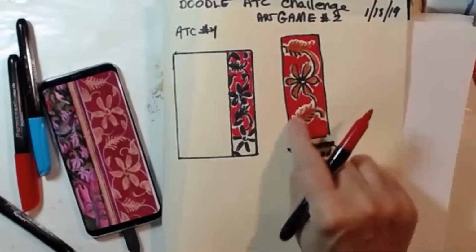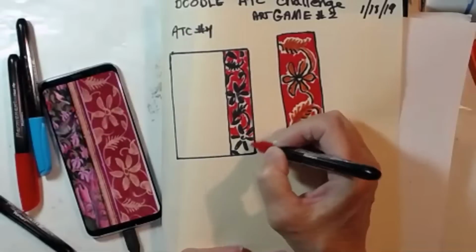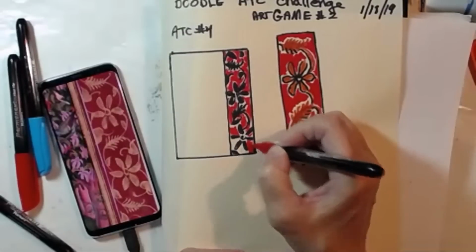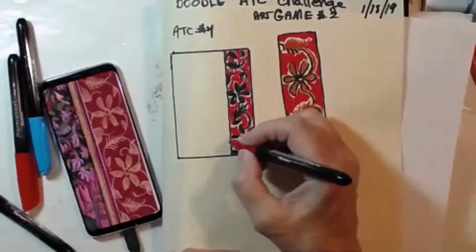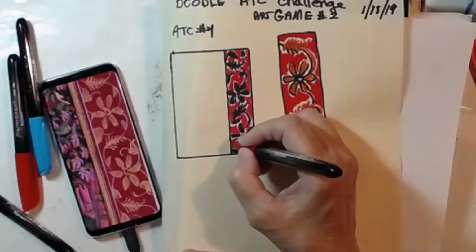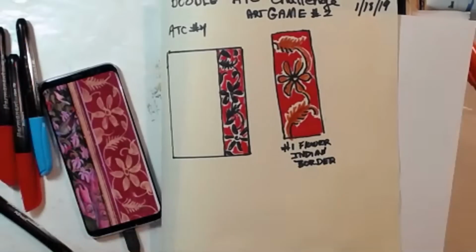I'm really tempted to go in and draw those in black, or at least outline them. Let me finish this. Because those flowers don't show up as much as I'd like them to. There's my black. Or these leaves.